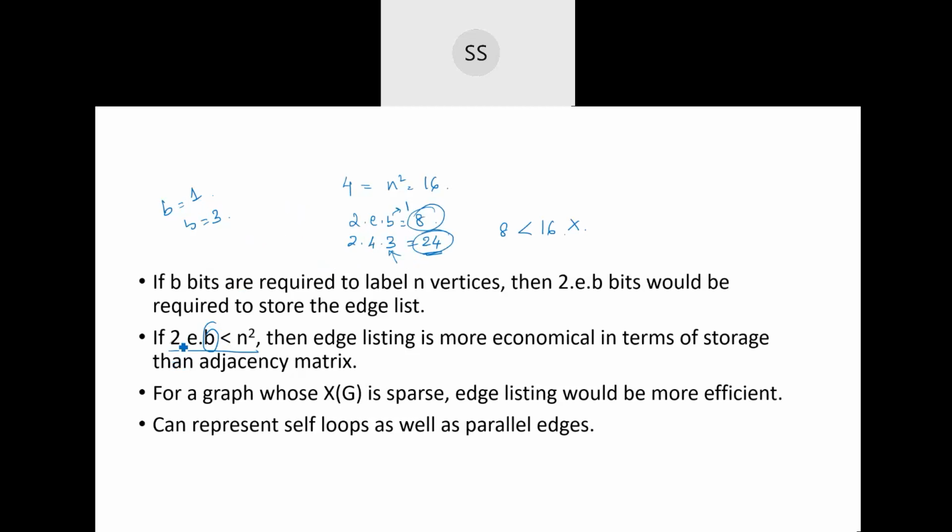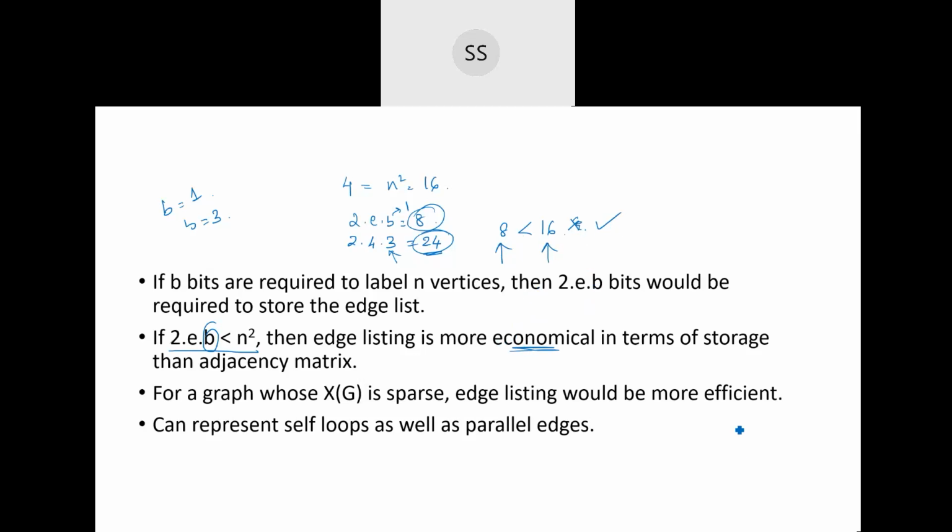So whenever you have 2 into e into b less than your n squared, then the edge listing is considered to be more economical in terms of storage than your adjacency matrix. So it depends on the number of bits that you use to represent your vertex. So in this case, 8 is less than 16, yes. So you can say that my edge listing is considered to be more economical when compared to my adjacency matrix.